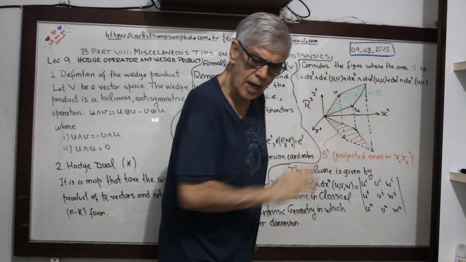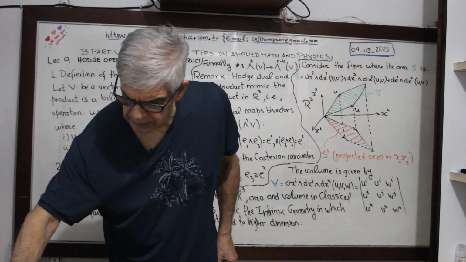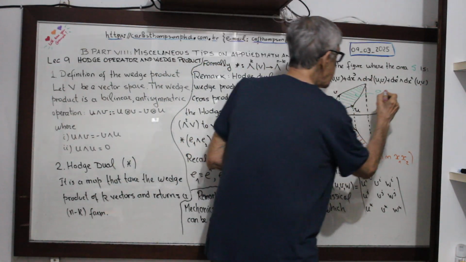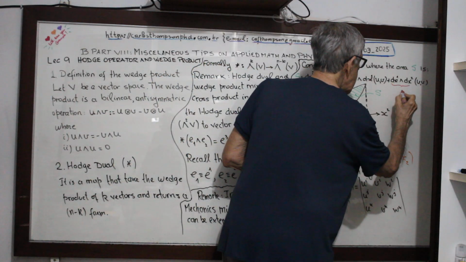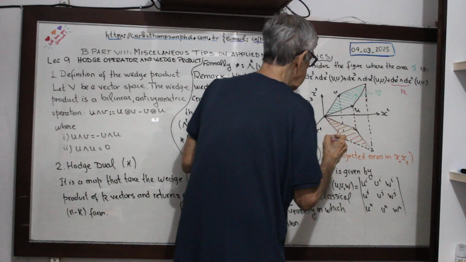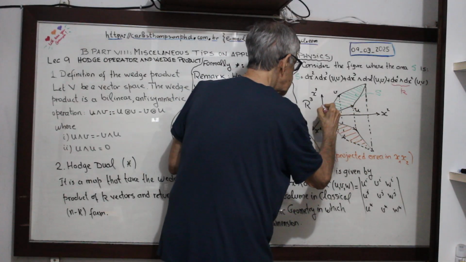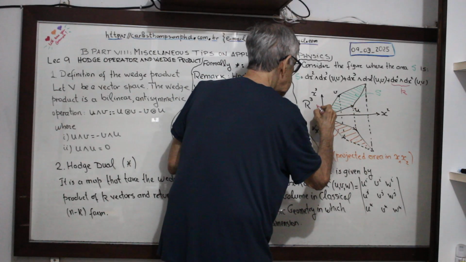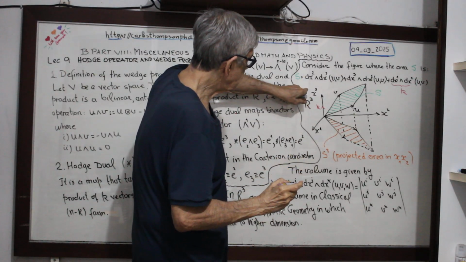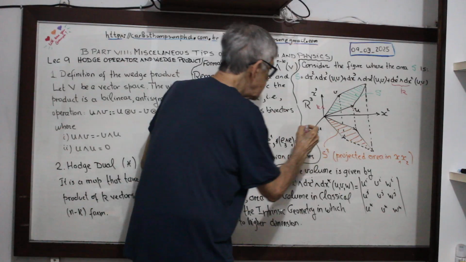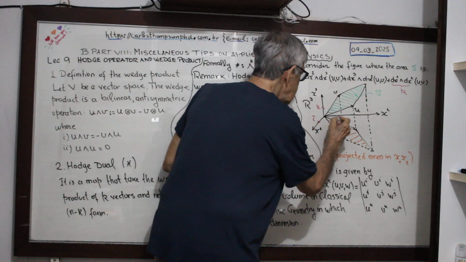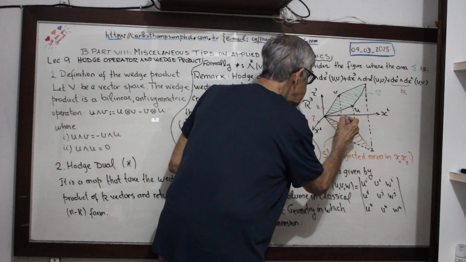You see the analogy, how it mimics. This is analogous to the unit vector k, the x3 direction. This one is i, and this one is j.